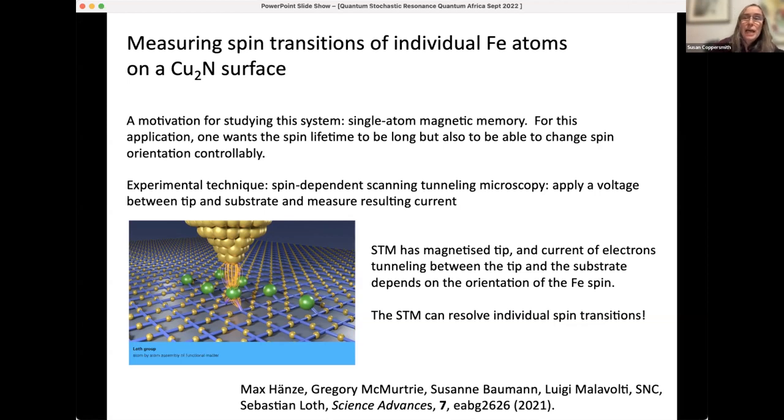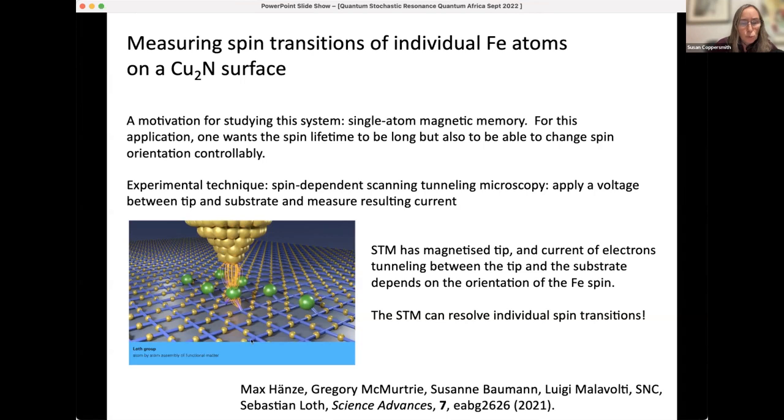Okay, and the Nobel Prize for the original technique was given in the early 80s, but over the last 10 years, people have been able to generalize this technique in order to study magnetism of individual atoms. So basically, we're looking at the spins of individual atoms using a scanning tunneling microscope.